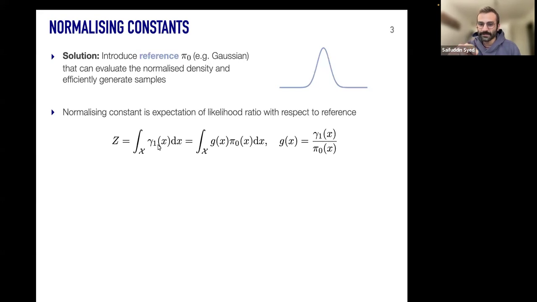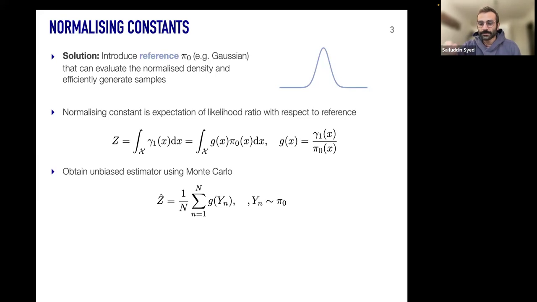So we can write the normalizing constant as an expectation with respect to the reference of the unnormalized likelihood ratio G. If we use our samples from our reference, we can create an estimator for the normalizing constant, which is unbiased and gets the job done. And if you take N to be large enough, you're going to get a consistent estimate.